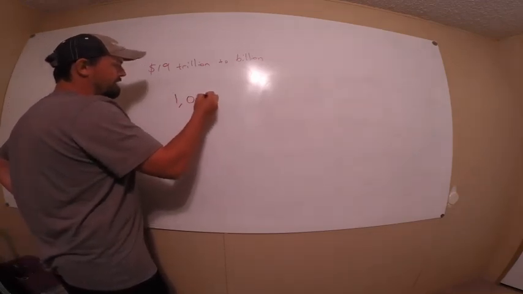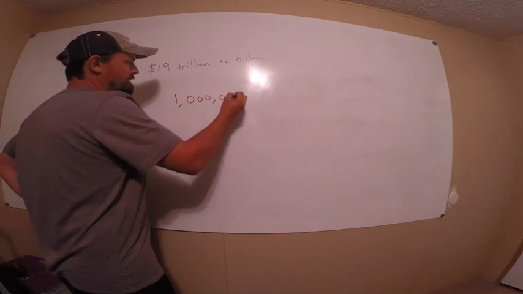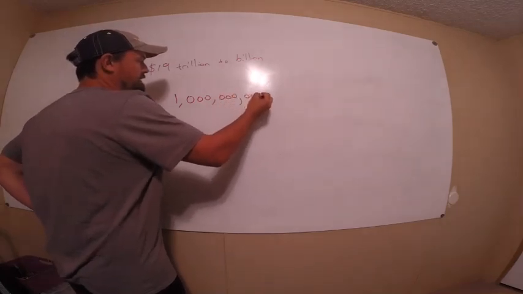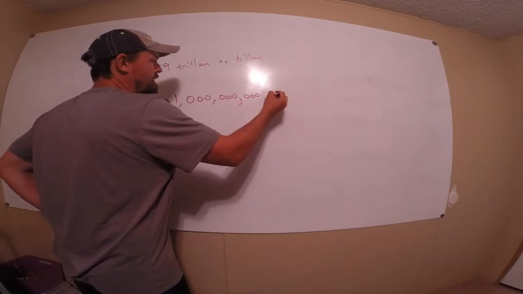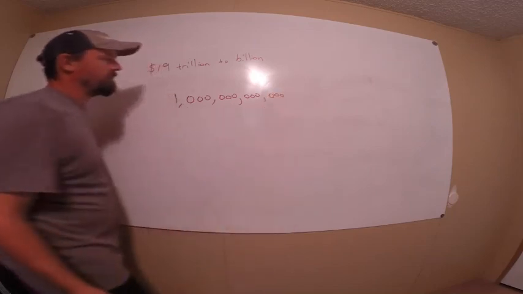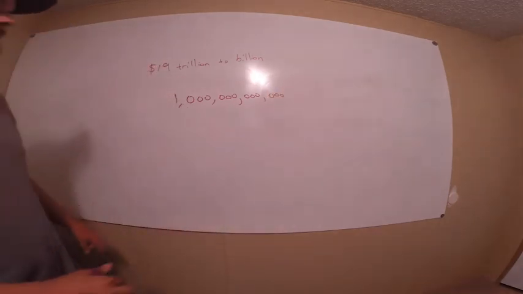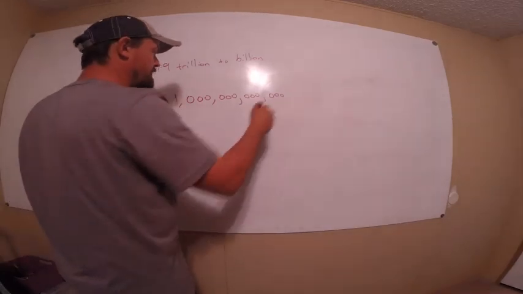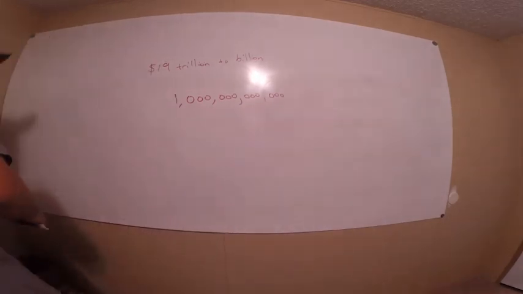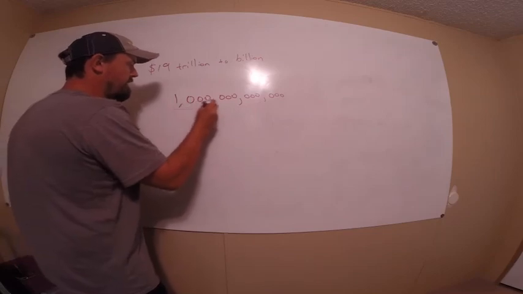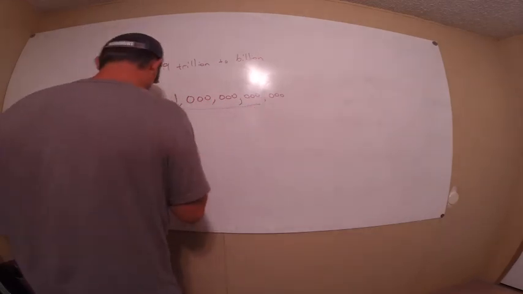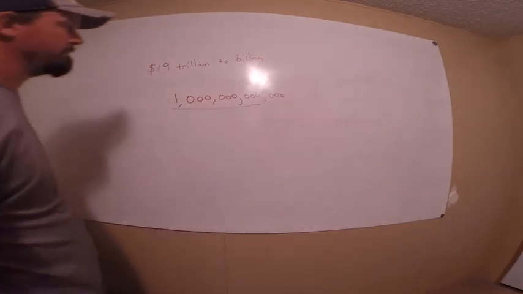That's 1, that's 1,000, that's a million, that's a billion, and that's a trillion, right? So the difference between billion and trillion is right here. That would be billion, the extra zeros is trillion.